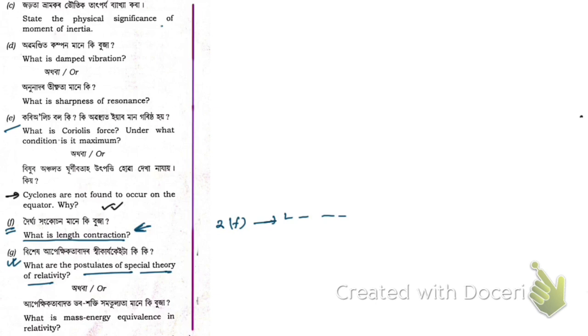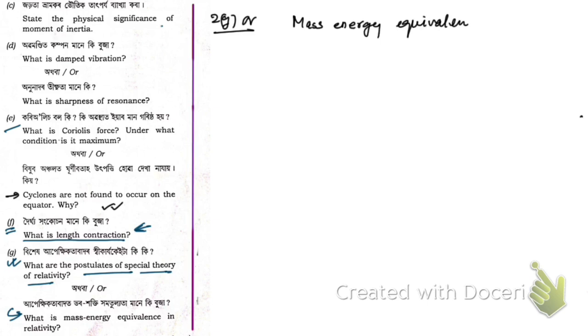Now let's come to this point, what is mass energy equivalence in relativity. The proof of this equation is also given, but let me give you the answer for the 2 marks question. 2G or, that is mass energy equivalence in relativity.